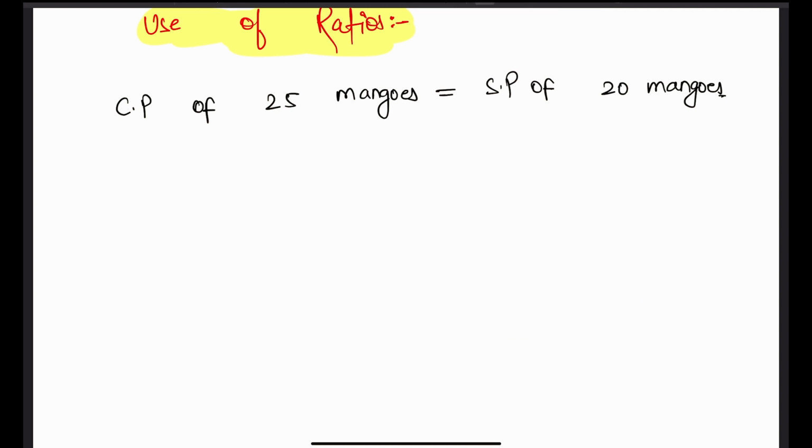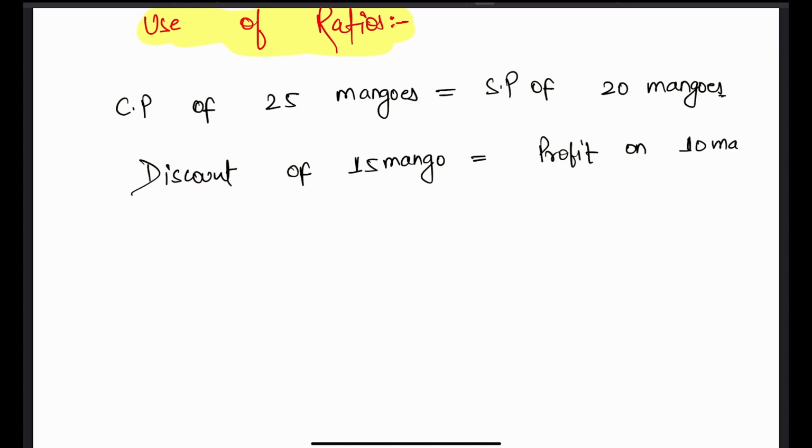The discount on 15 mangoes. So whatever discount he is giving on 15 mangoes, he is making profit on 10 mangoes.